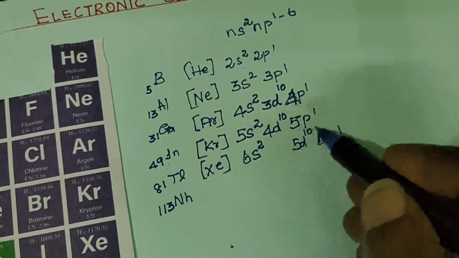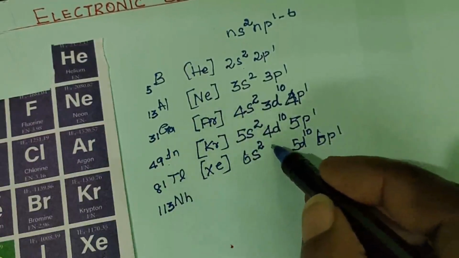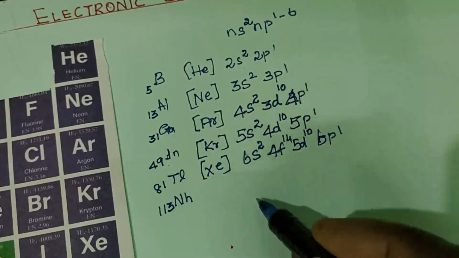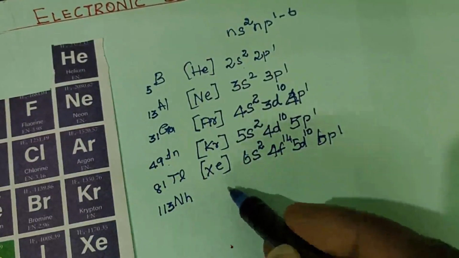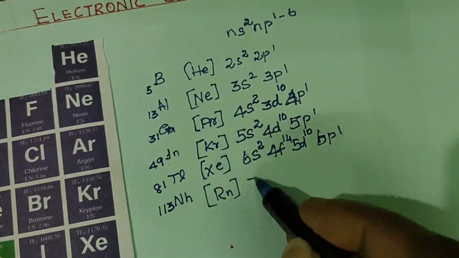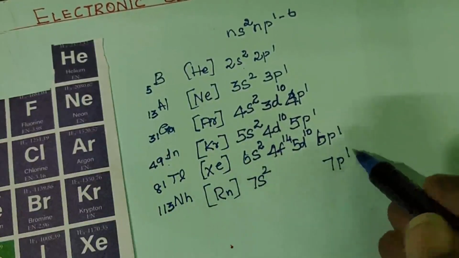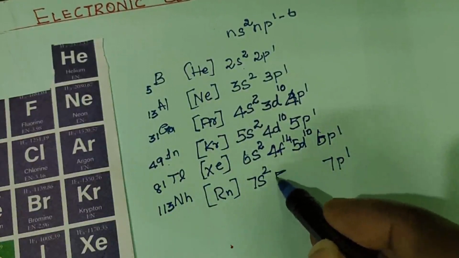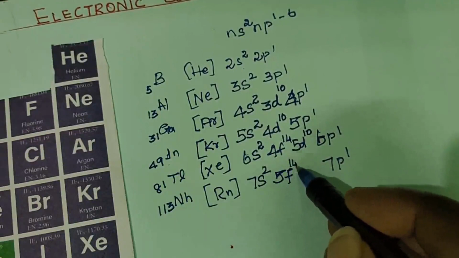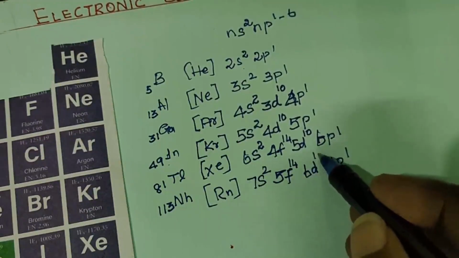Before filling 5d10, the 4f orbital fills. The 4f orbital starts from the 6th period, n minus 2, 4f14. Likewise for radon, 7s2 7p1, before that 5f14 and 6d10 are filled.